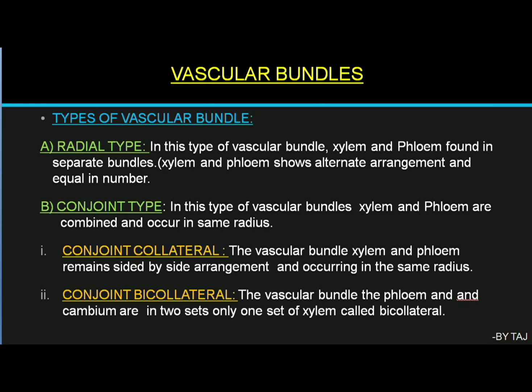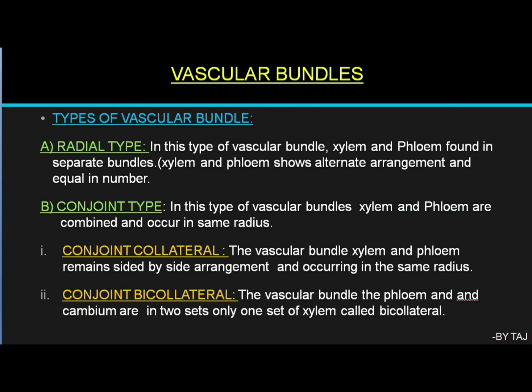The second type of vascular bundle is the conjoint type. Here, xylem and phloem are combined and occur on the same radius. This kind of vascular bundle we call the conjoint type. The conjoint type is again subclassified into conjoint collateral and conjoint bicollateral.